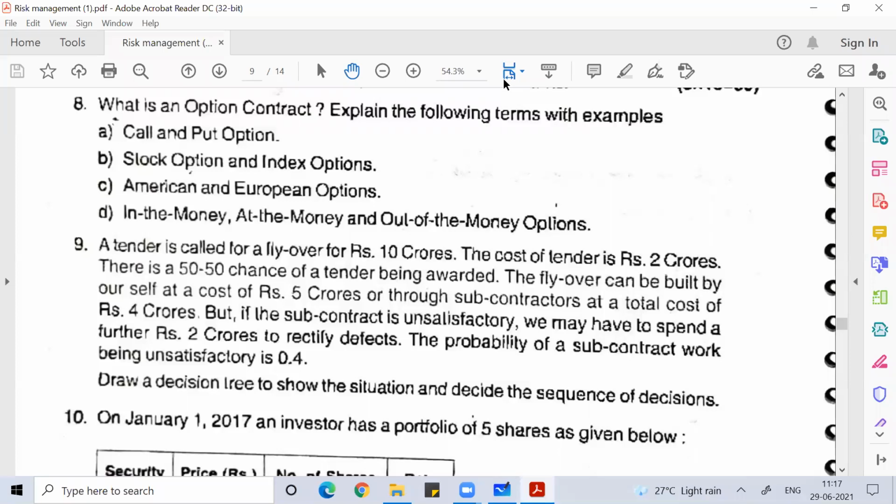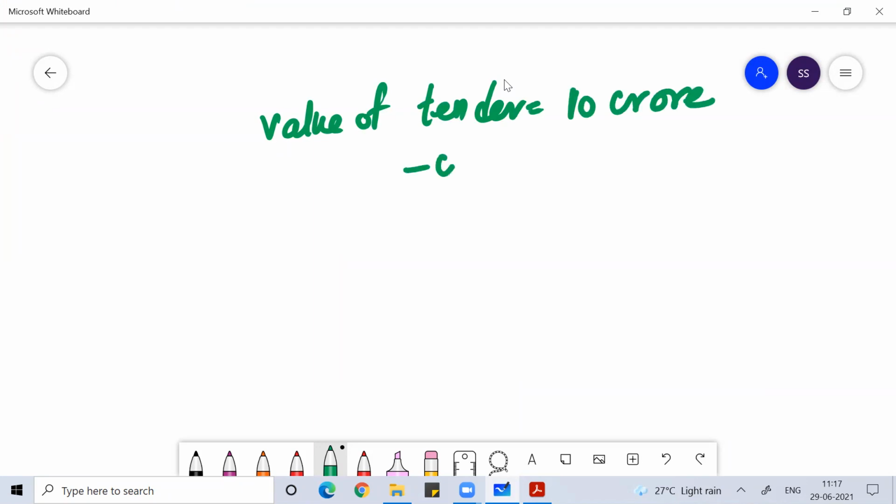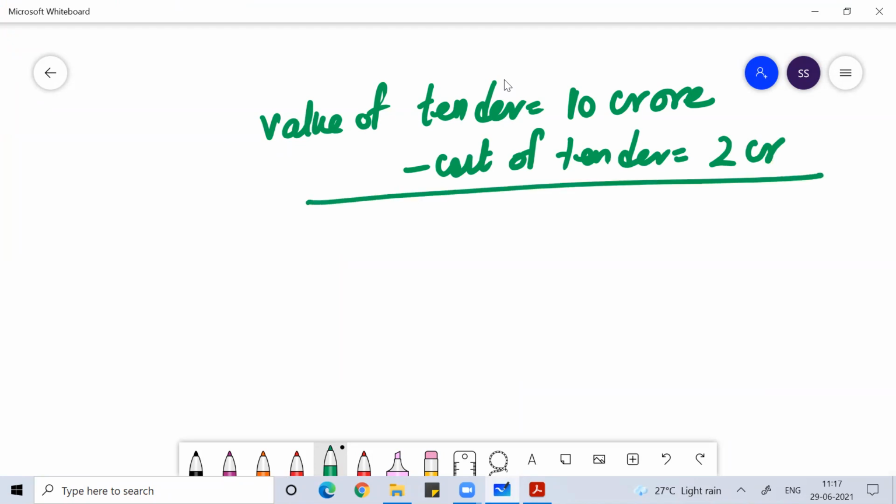The value of the tender I'm getting is 10 crore rupees. The cost of the tender is 2 crore, so I'm putting 2 crore into this. The economic value of this is 8 crore.